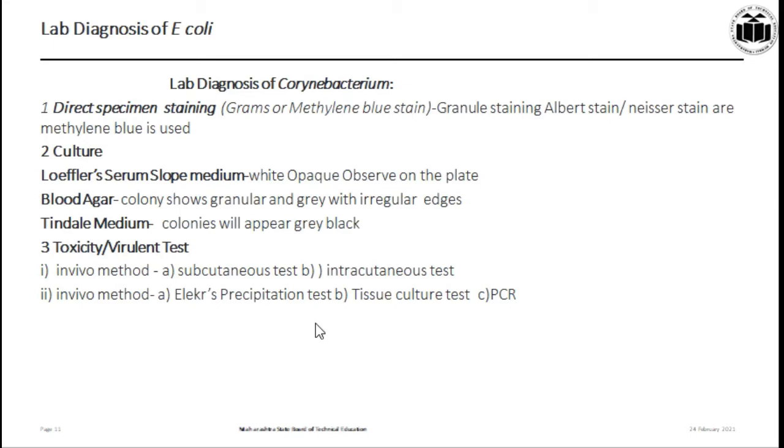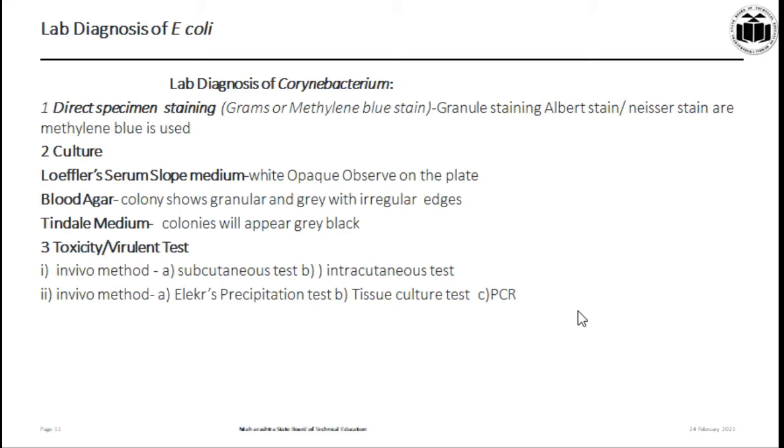And finally, the PCR test is used to detect the toxin gene that should be present in the Corynebacteria.